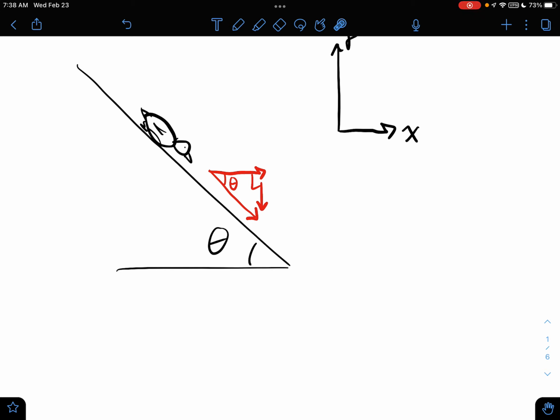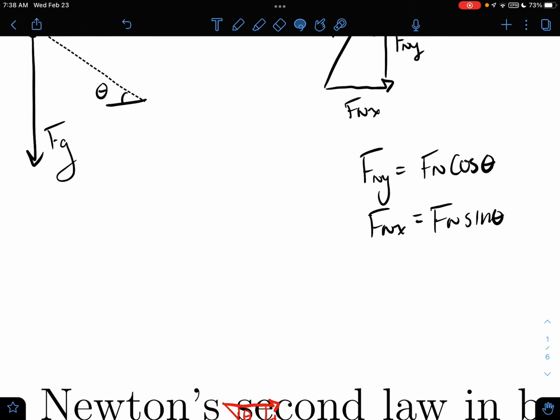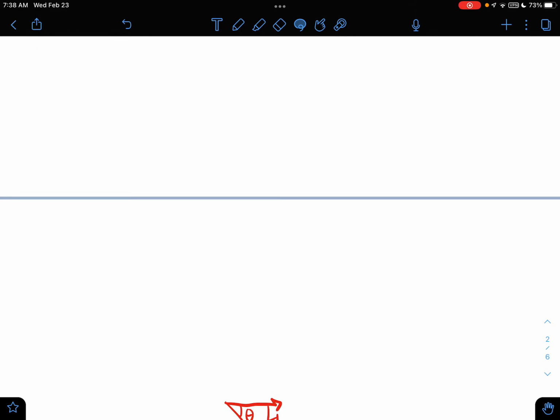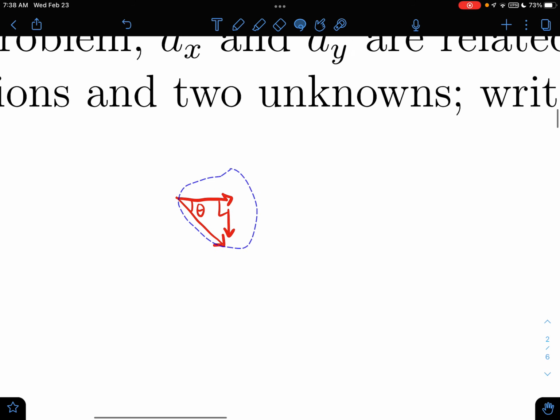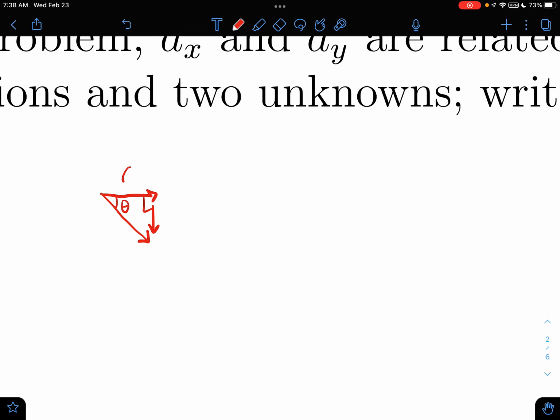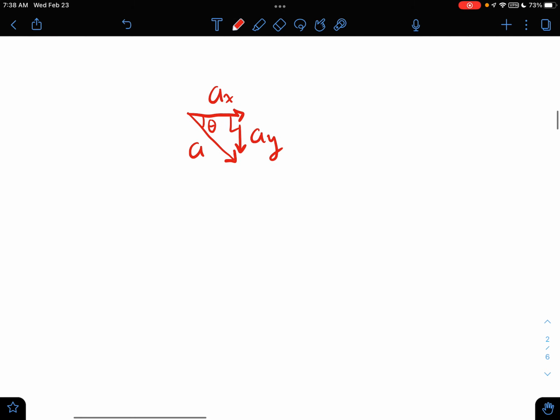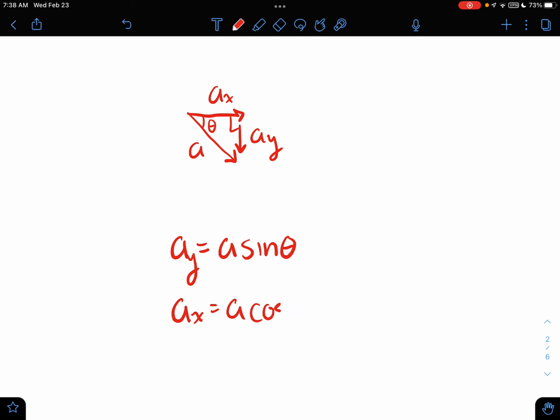So we can say, if I steal this triangle and move it down to where we were just working, here's our ax, ay, our acceleration. So I'm going to say ay is a sine theta, and ax is a cosine theta.